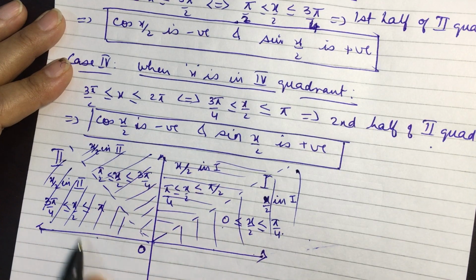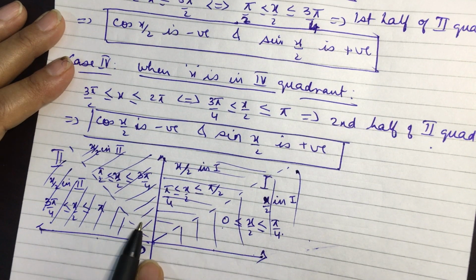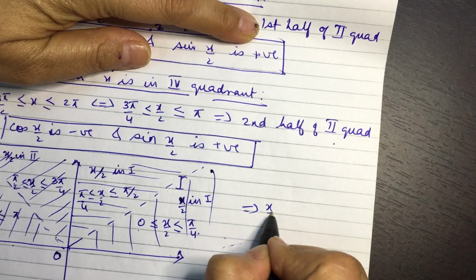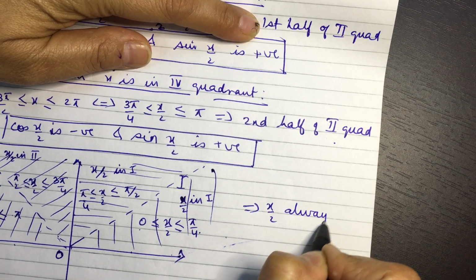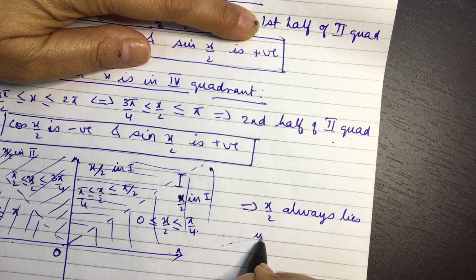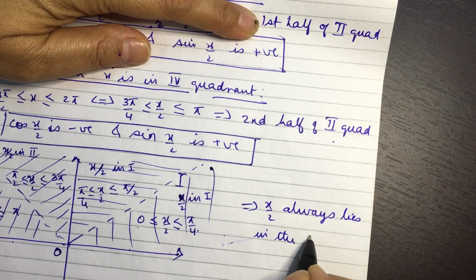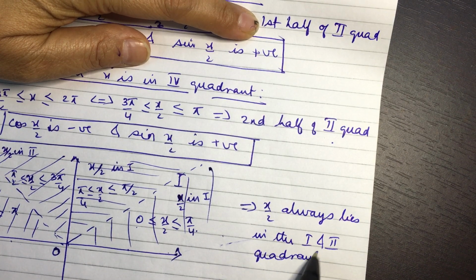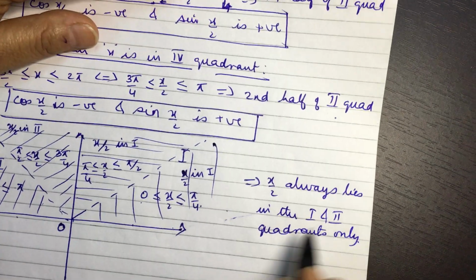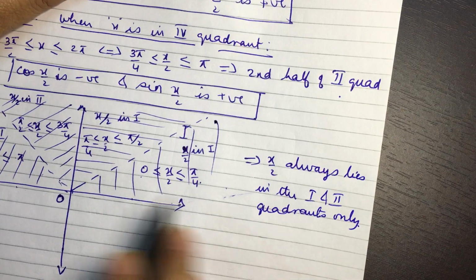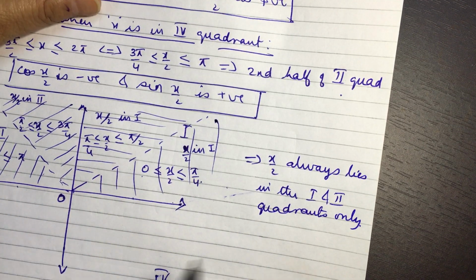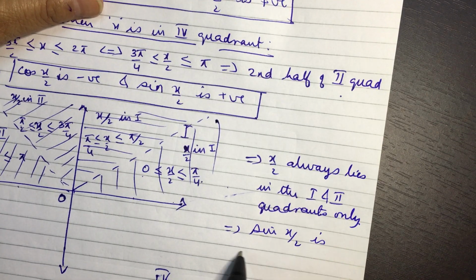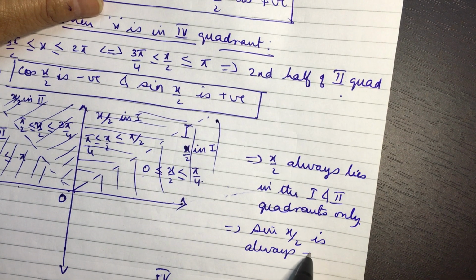So no matter where x lies, x by 2 always lies in the first and second quadrants only. And since in the first and second quadrants sine is always positive, it implies that sin x by 2 is always positive.